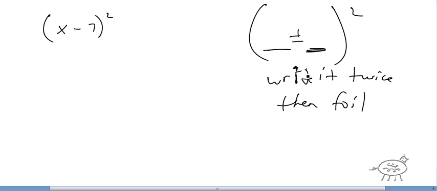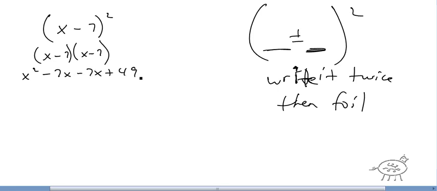Write it twice. So here it is, x minus 7, x minus 7, I wrote it twice, and now FOIL. x squared minus 7x, that's first and outer, minus 7x inner, and last. So you get x squared minus 14x plus 49.